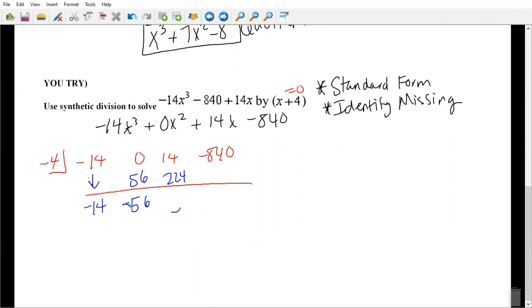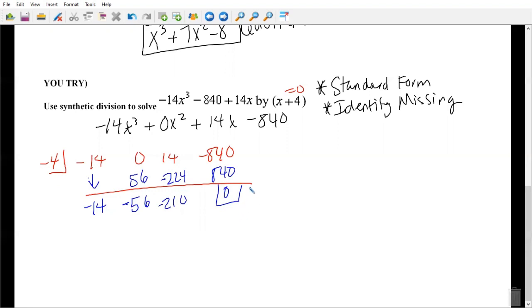It's -56 and -224, which is -210. And -4 times -210 is +840. So you end up with 0.